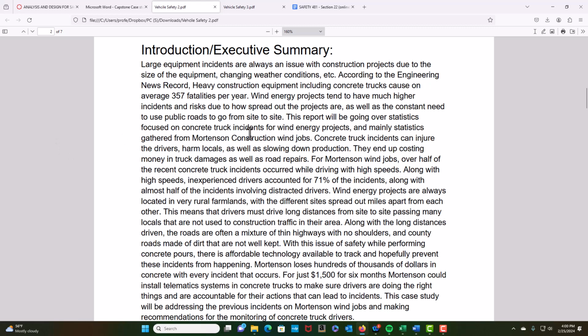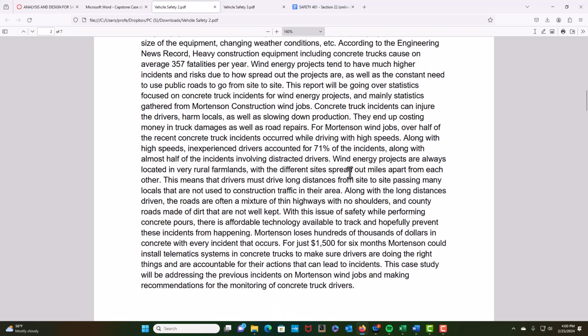I don't know, this isn't reading well, you guys. They end up costing money. This is very... What are you trying to tell me? It seems like a regurgitation of a bunch of junk. The driver's long distance from site to site, passing many locals that are not used to... Is it on-site or is it off-site?